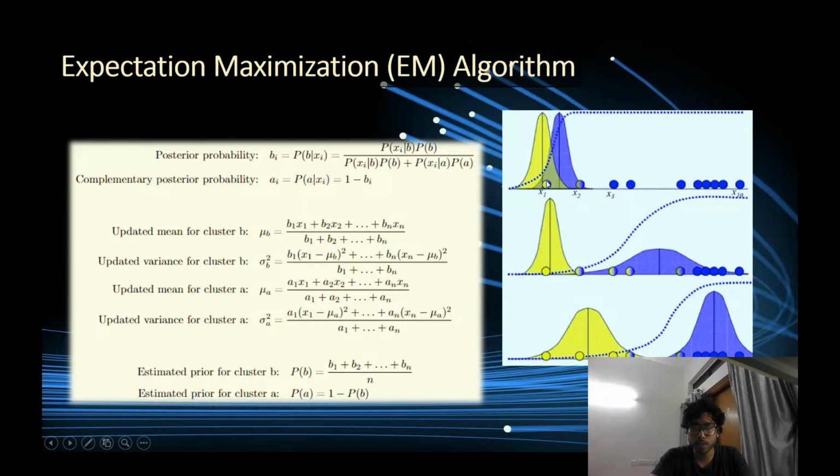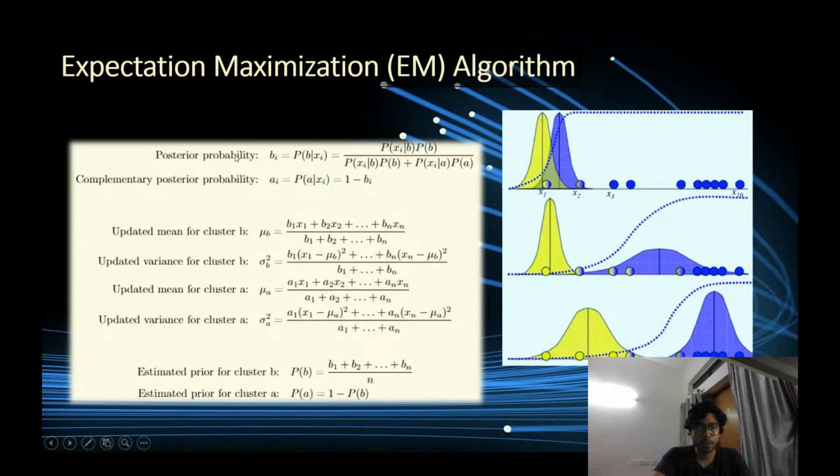If you look at this yellow Gaussian, this point belongs to it with very high probability, compared to this other point, which is very far from the yellow Gaussian, whereas it is closer to the blue Gaussian. So the probability that this point belongs to the blue Gaussian will be very high, whereas the probability that the first point belongs to the blue Gaussian is very low. That point will mostly belong to the yellow Gaussian, right?